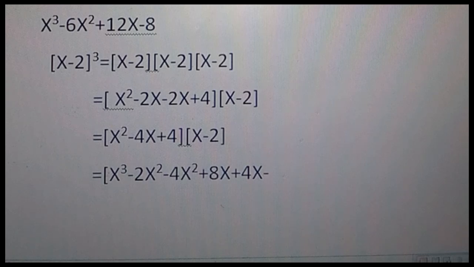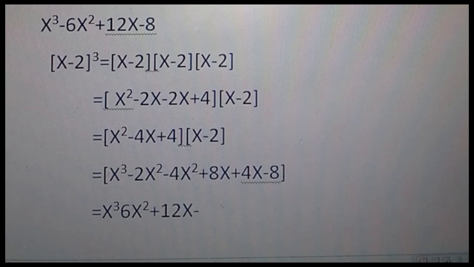Close our brackets. So the last step is x cubed, minus 2x squared minus 4x squared gives 6x squared, and then plus 8x plus 4x gives positive 12x.